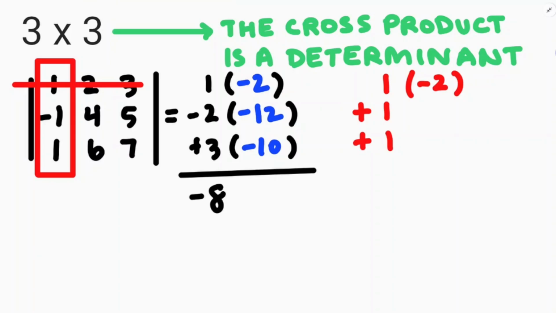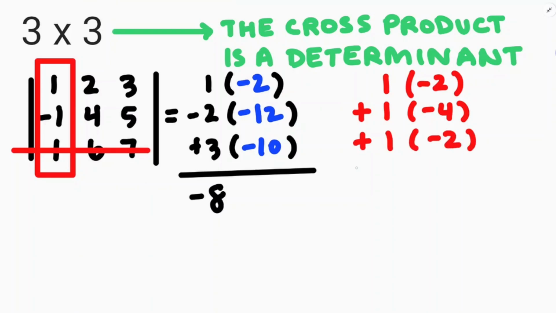Then minus 1 times 14 minus 18, which is negative 4. I bet the last one's going to come back negative 2. I get rid of the third row and get 10 minus 12, what do you know, negative 2. We add that all together, and we get negative 8.